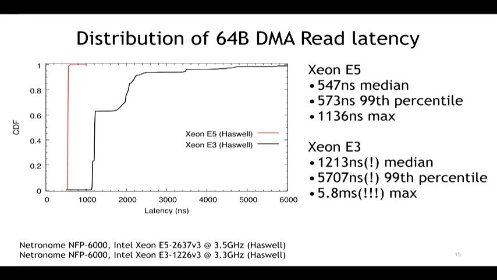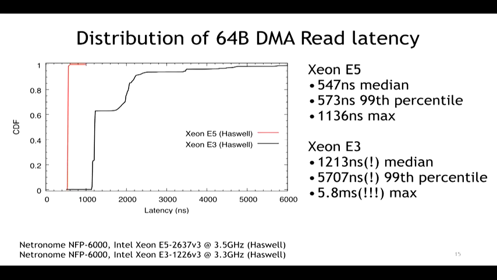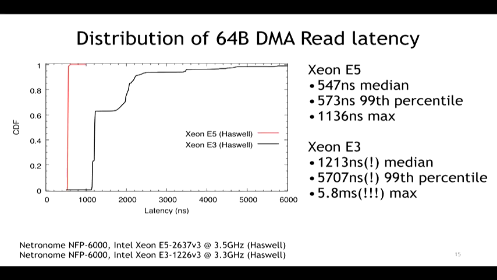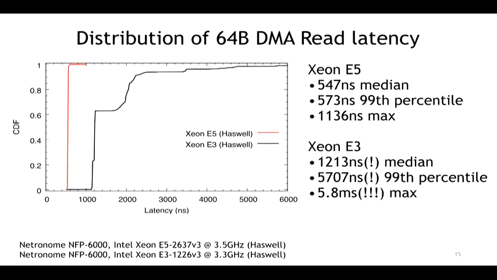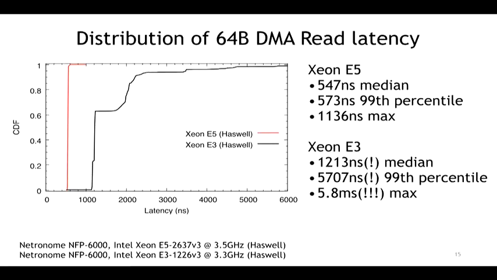On a Xeon E5 system, we measured out of 2 million transactions a median latency of 540 nanoseconds, and the 99th percentile is like 570. So it's a really nice straight line. That's what you like when you design systems. And there are some outliers which go up to like 1 microsecond.